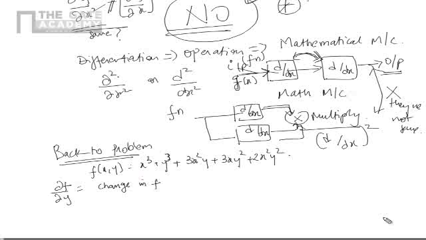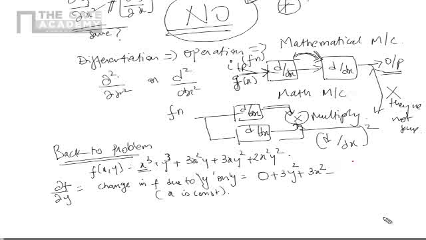Change in f due to y only. That is, when I say y only, x is constant. So x³ is a pure x term, a constant, so there will be no change and the derivative gives 0. y³ will give me 3y², plus 3x²y will give me 3x², because I am differentiating with respect to y.